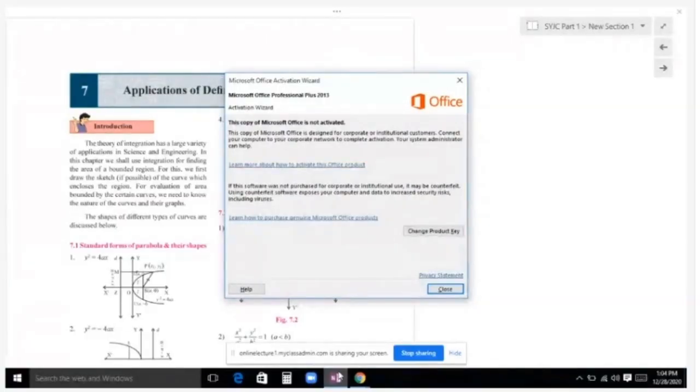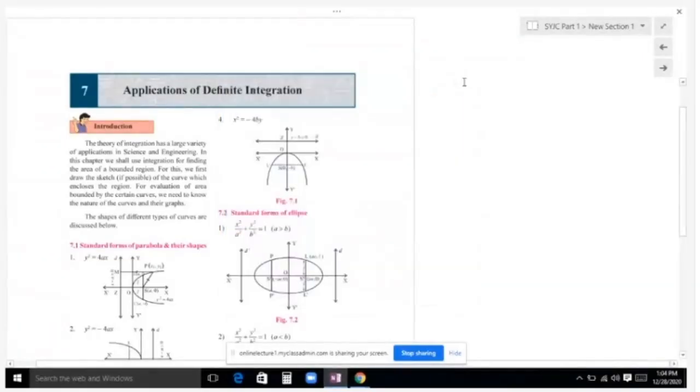So one should make a note of that. The first application of definite integration is that it is useful for finding the area between the curve and the axis.